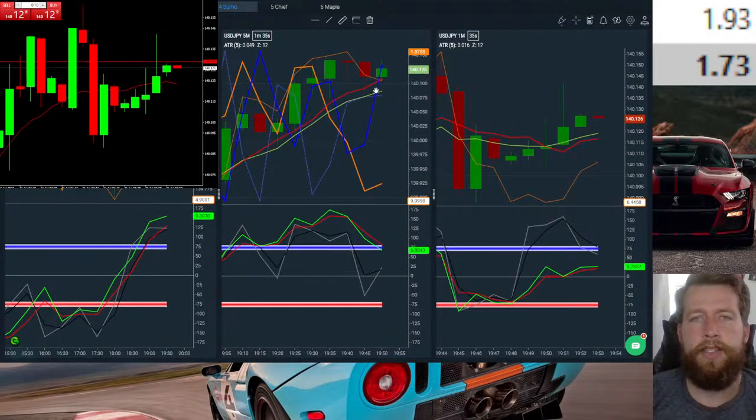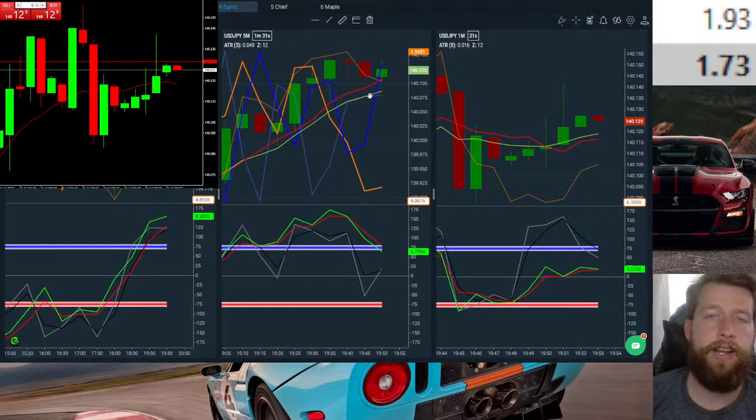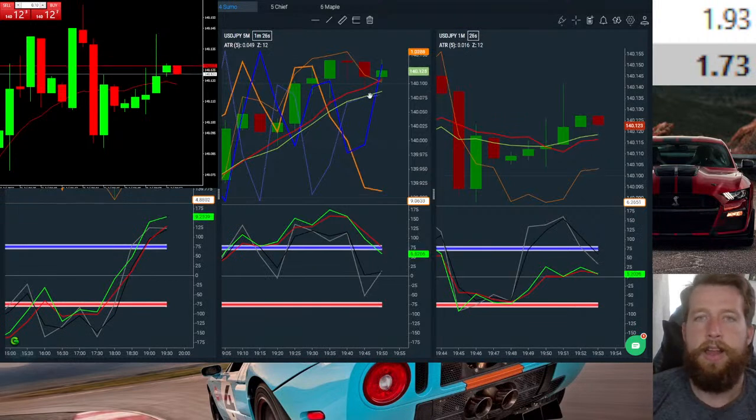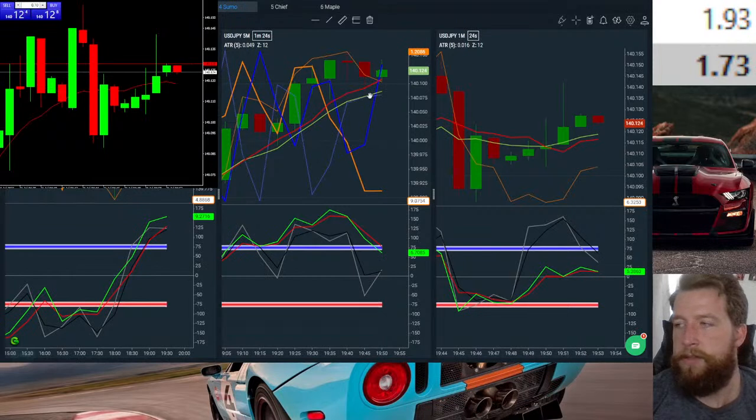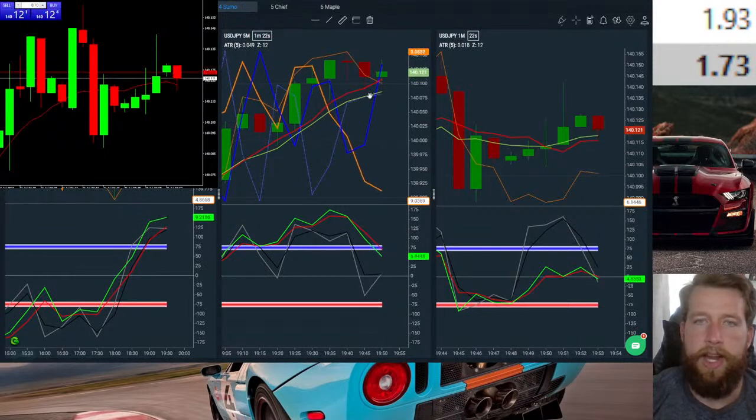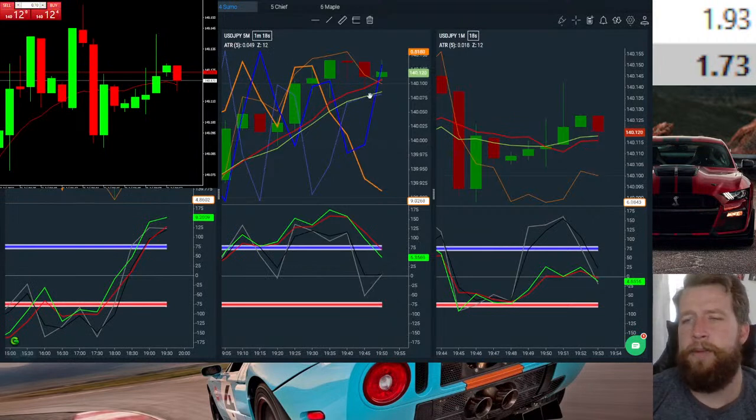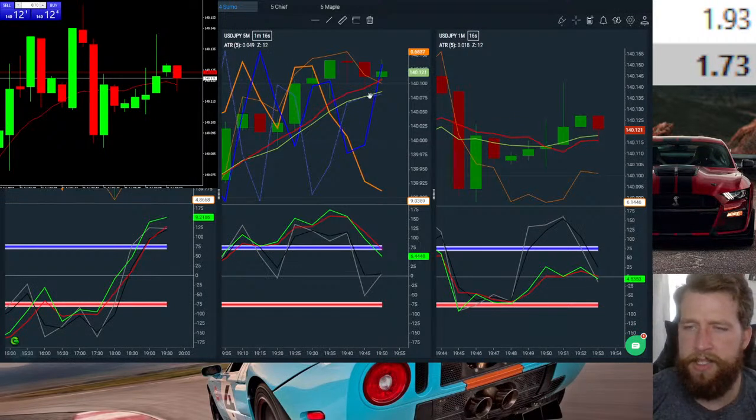If it's a blue cross pointing in the opposite direction of the trade, then you don't count that. You just take that as one's pointing away and one's pointing for the trade. Probably doesn't make sense the way I explain it, but I'm sure we'll see it at some point.